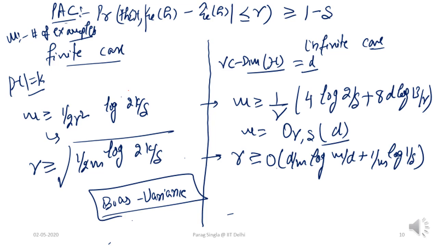We derived various expressions, and looking at the left part of the slide, to achieve a certain bound with given gamma, delta and k, m, the number of examples, should be at least (1 / (2 gamma^2)) log(2k / delta). And we argued about these. But I want to make a remark here.